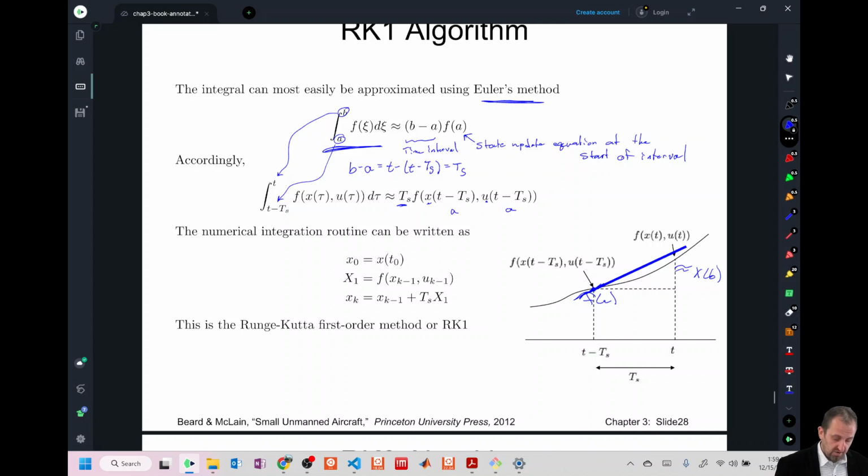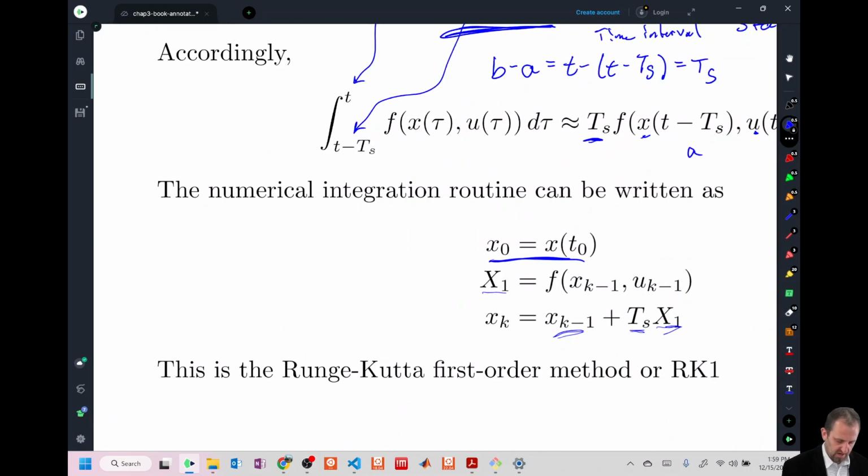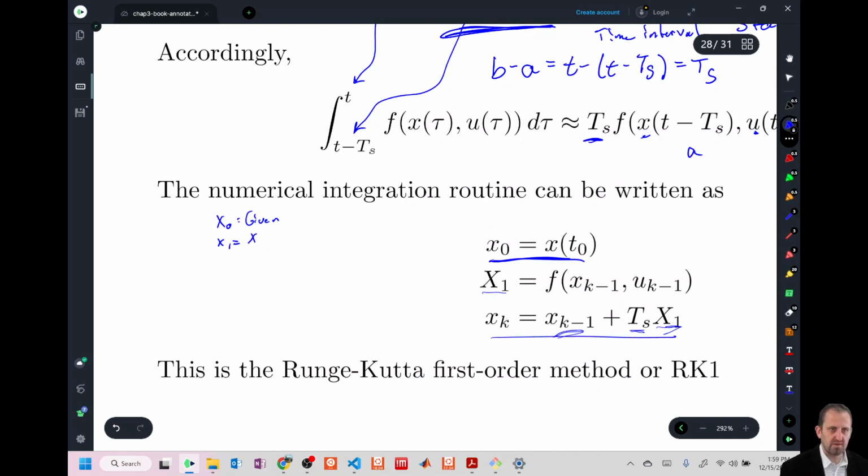So the numerical integration, we can write it as a routine where we start with x naught. At each time step, we're going to update with the previous state plus our sampling period times this function f. So let's see what this looks like. If we start off at x naught, this is given. We're going to write that x1 is equal to, if we look at this bottom equation, it just tells us what we're going to be writing, right?